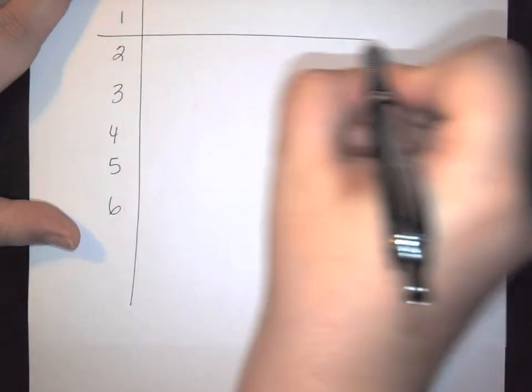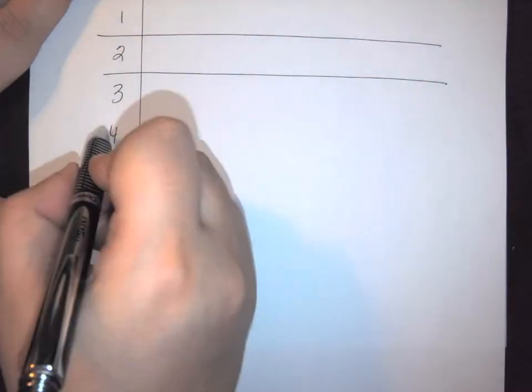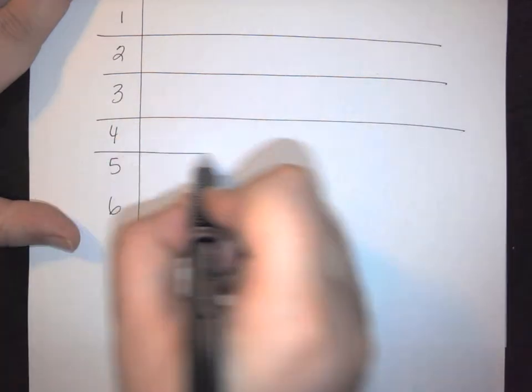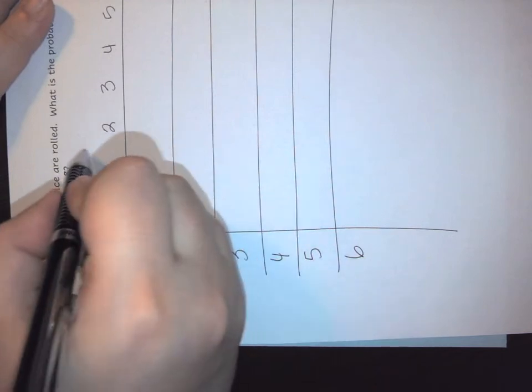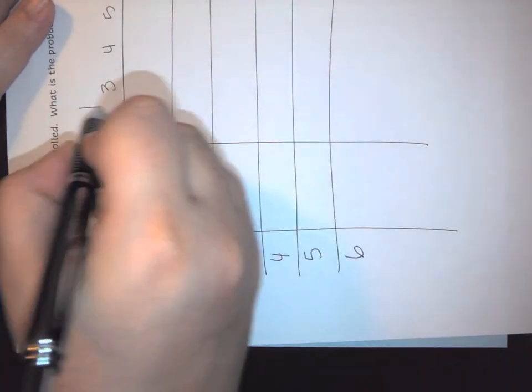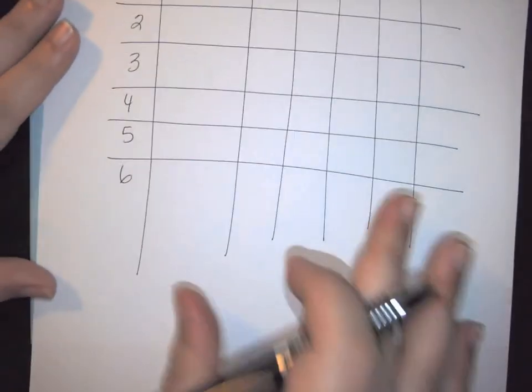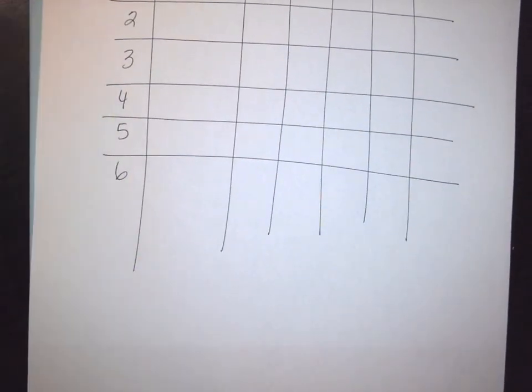Now I'm going to input my lines here just to make it a little easier. So what I'm doing is creating a table that's going to allow me to figure out what my probability is. This is how easy this gets.